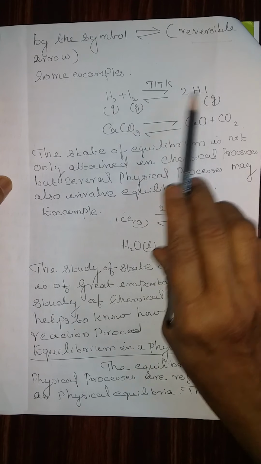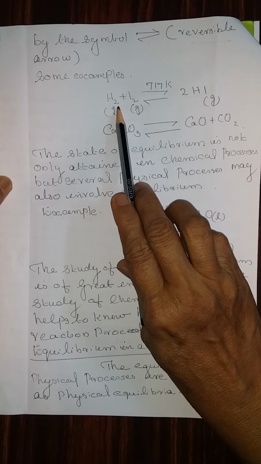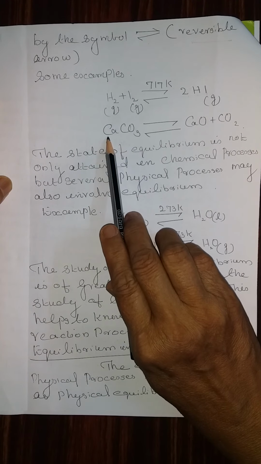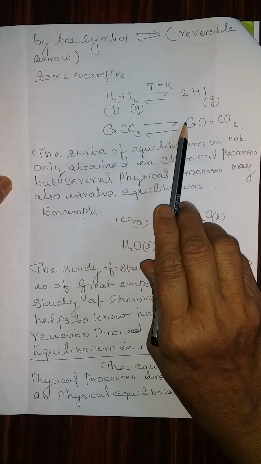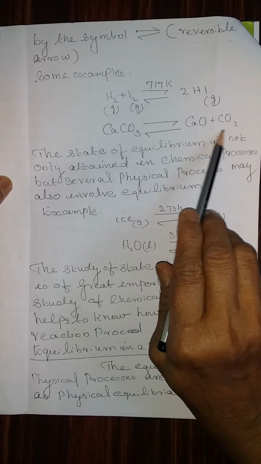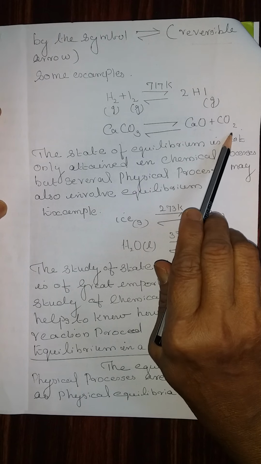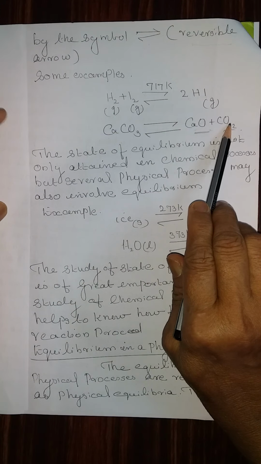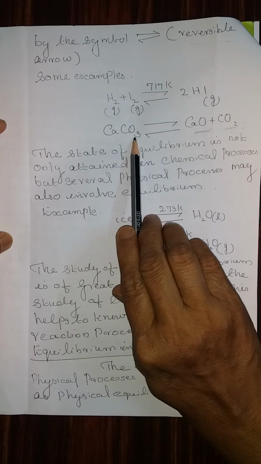This hydrogen iodide can decompose and form hydrogen and iodine. Similarly, calcium carbonate when heated gives calcium oxide and carbon dioxide. This calcium oxide and carbon dioxide combine together and form calcium carbonate.